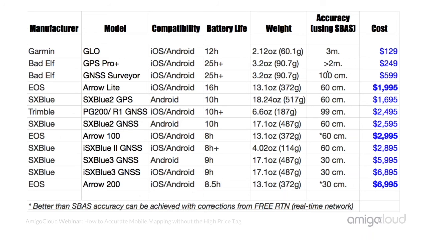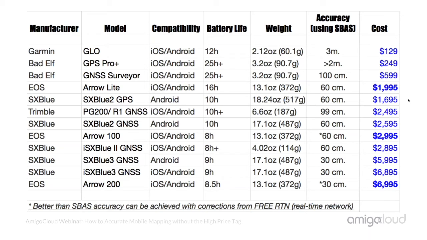So this is a table that Brian from LHNav put together. Some of the units that they have, it's very interesting. You can see different models from different manufacturers with different battery lifetime profiles, different weights, different accuracies for sure.